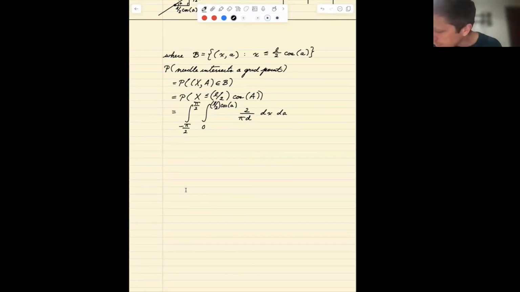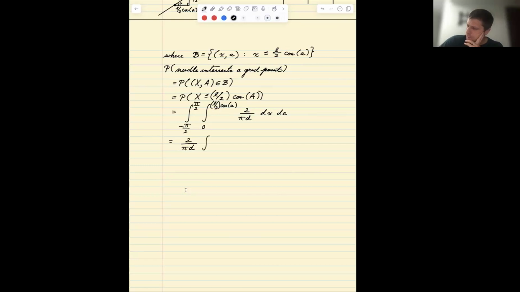So now we can just do the integral. 2 over pi d is a constant, so pull it out. The integral of a constant is just x, and then we just get the limits of integration.